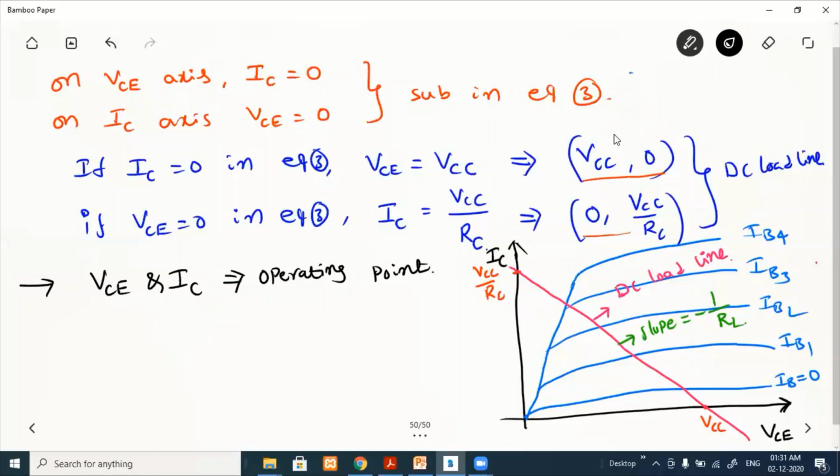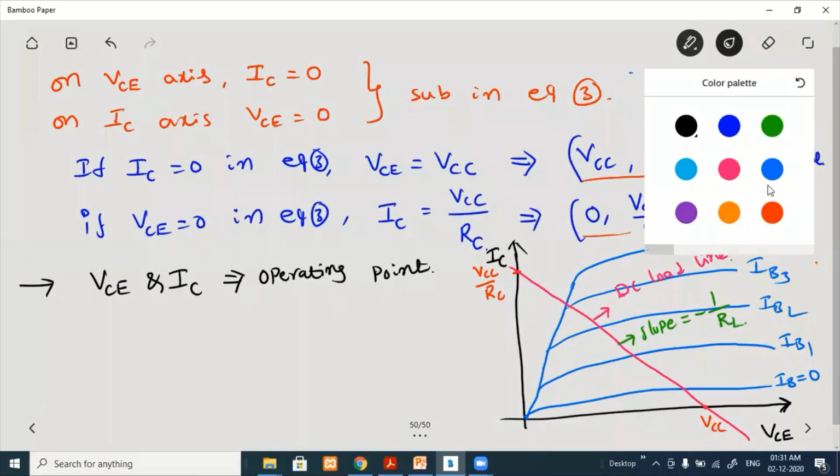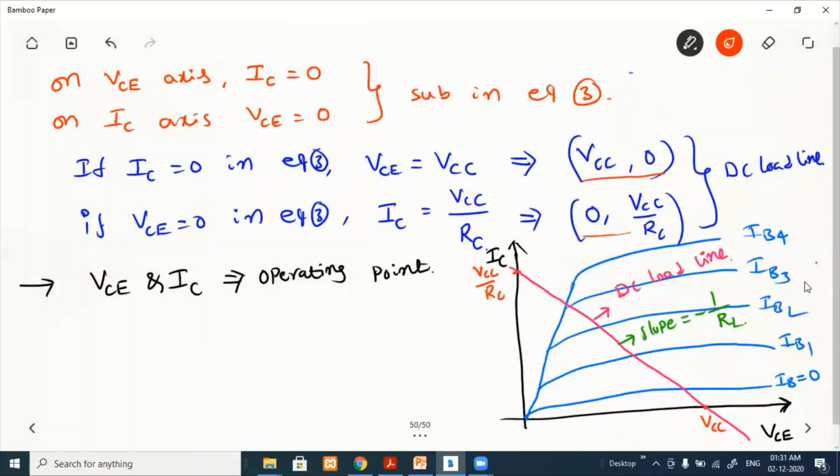The operating point of a transistor not only depends on the characteristics of the transistor, but also on a number of factors such as VCC, RC, VBB, RB, and VBE.